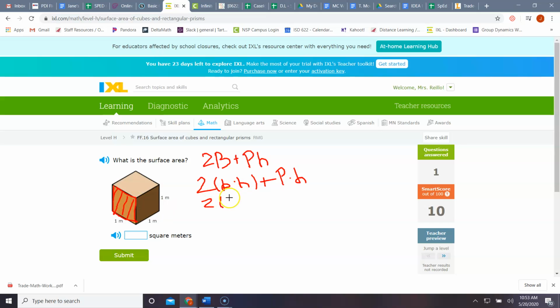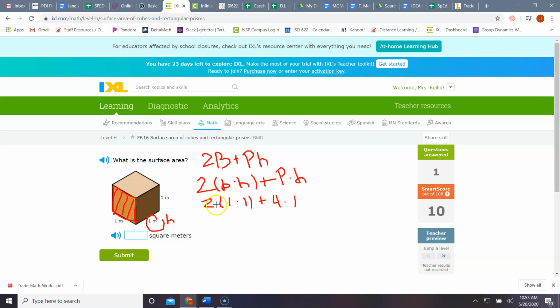as our base. So 1 times 1 plus our perimeter of this is 1 times 4, so that's 4, times our height, what connects our two bases together, is going to be 1.